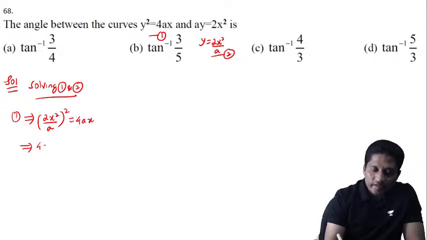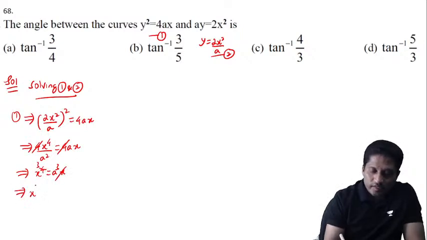This is equal to 4x to the power of 4 divided by a square. 4x power 4 divided by a square is equal to 4ax. This will cancel. If I cross multiply, x power 4 is equal to a cube into x. Right, x cannot be 0, so that's why this is cube.